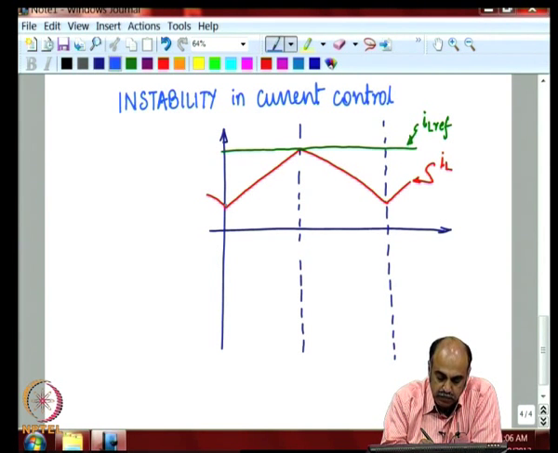Now, let us say something happens due to so many uncertainties, anything can happen. The inductor current, instead of starting from here, has jumped. Some perturbation came, it has jumped, and it starts moving like this, parallelly.